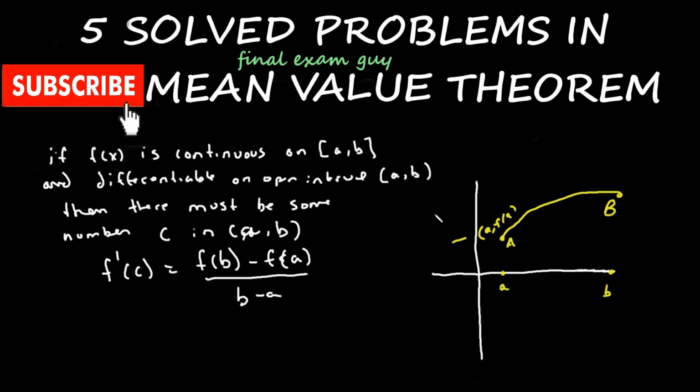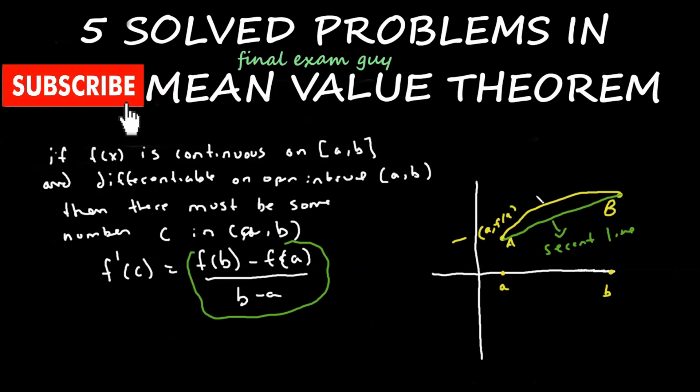All right. And if I draw the line connecting these two, that line is called the secant line. And it has a slope of this right here. This is the slope of the secant line, right? Rise over run. So f of b minus f of a over b minus a.